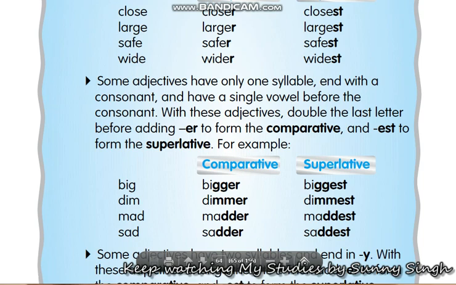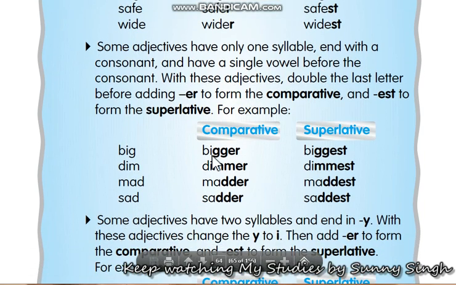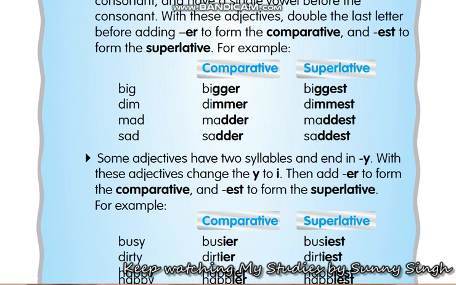Like you can see big, it's a one-syllable word, g will be doubled, so bigger and biggest. So a one-syllable word doubles its last consonant to add er or est for making comparative and superlative.